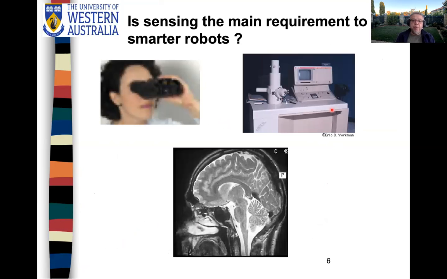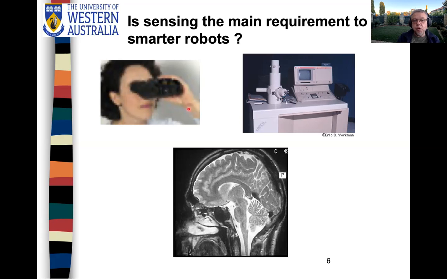So what is the problem in computer vision? Is it the sensor? Is it the processor, the computer, or is it because of the algorithms that we use? So when it comes to sensors, the human eye, although it's a great gift from God, is not as perfect as it seems, because we need binoculars to see far objects.